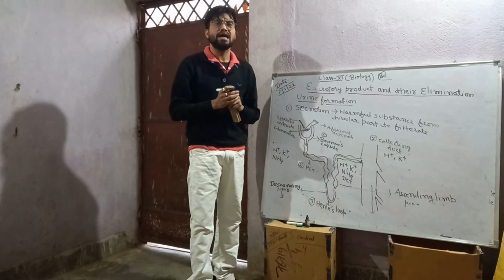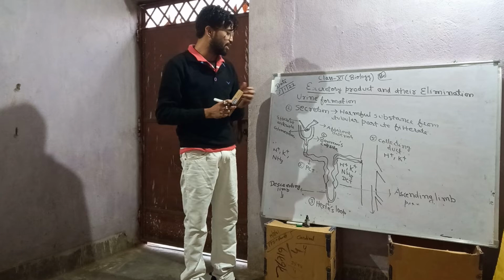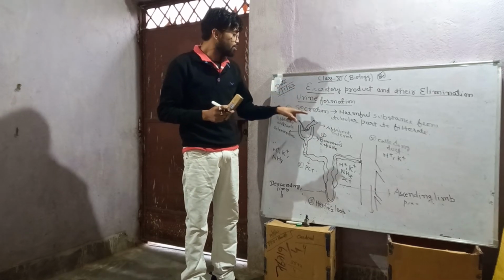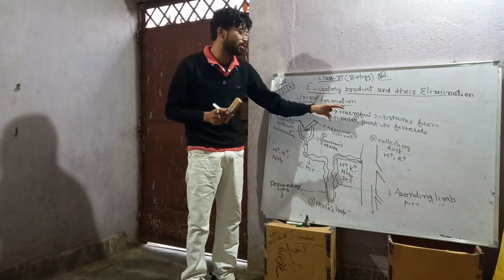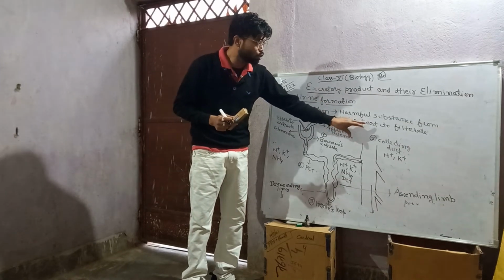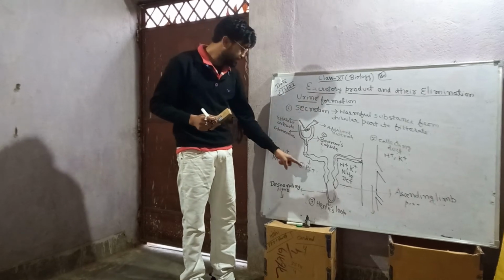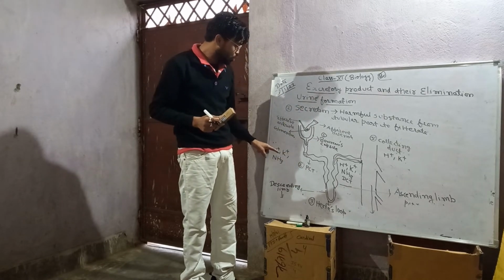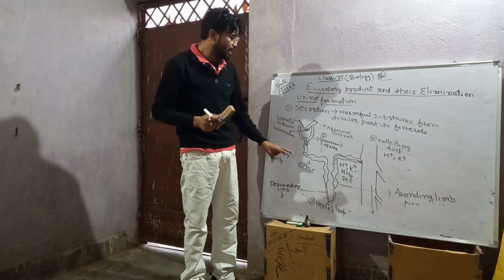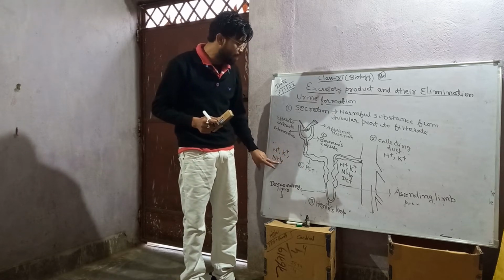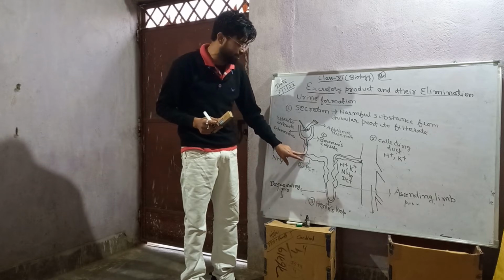Again, my dear students, I am doing a revision so that you understand it. Secretion means harmful substances from the tubular part join the filtrate. That is known as secretion. In the PCT, hydrogen ion, potassium ion and ammonia are added to the filtrate.